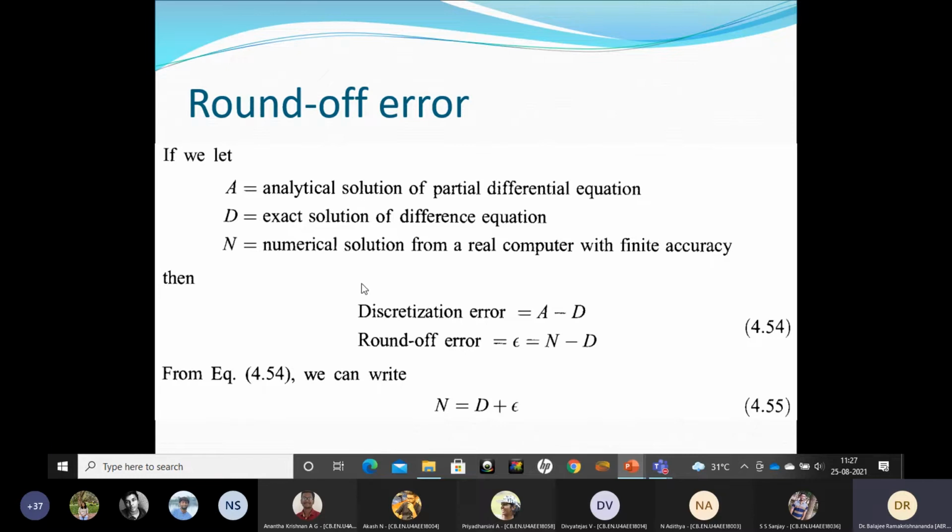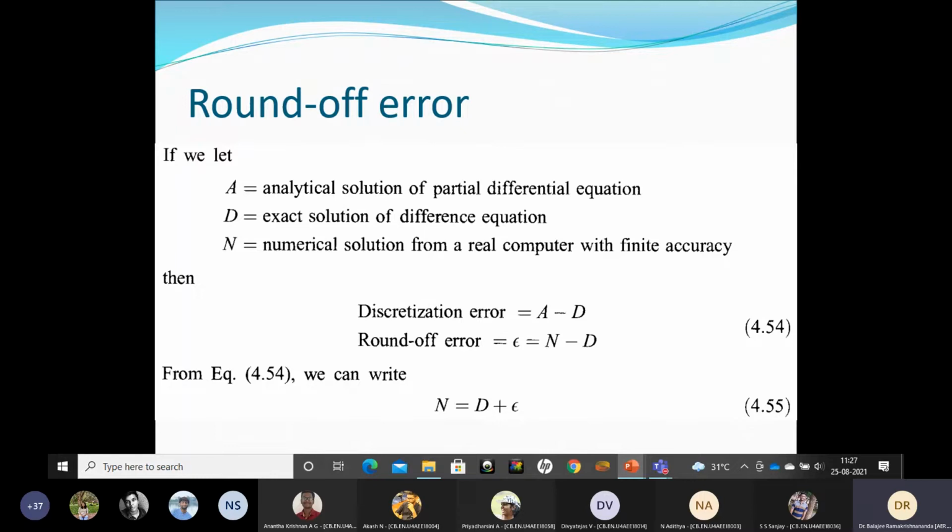Now the round off error, we denote by epsilon, for convenience. That is the numerical solution from the computer with the error minus the exact solution. So N minus D we define as the error.